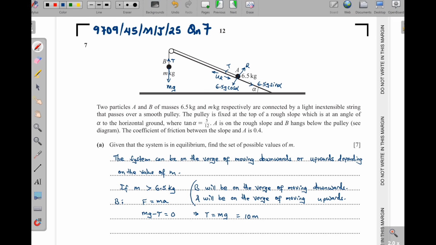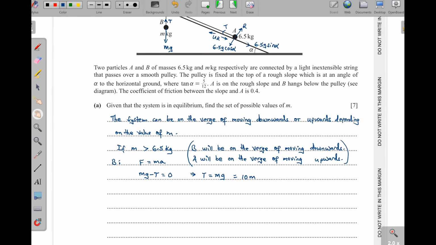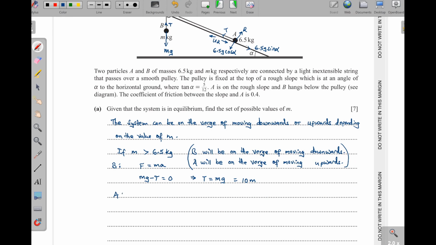Now looking at A, we have the tension here. If A is on the verge of moving upwards, that means the frictional force will be acting downwards. So the only force that is moving upwards is the tension. So tension here will be equal to mu R plus the 6.5 g sine alpha. Are we there? This one is 10m, remember?